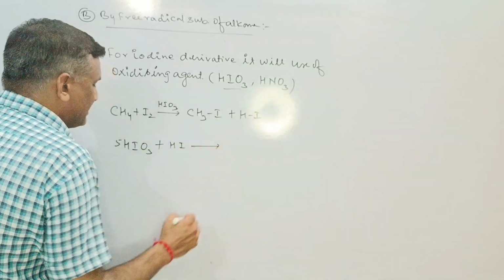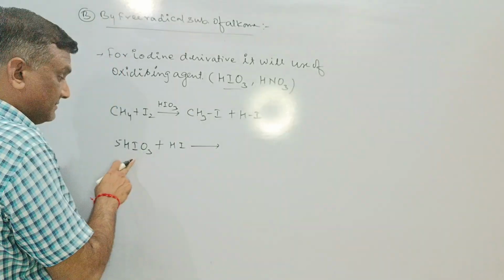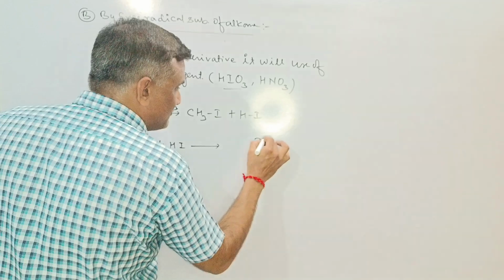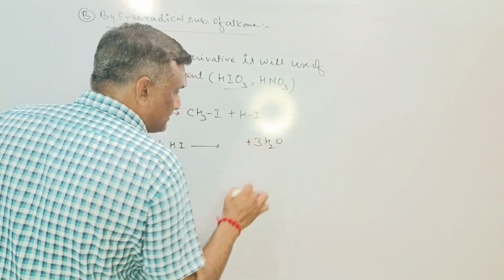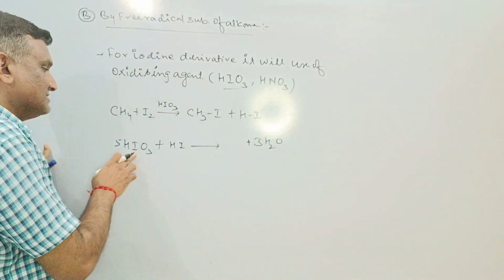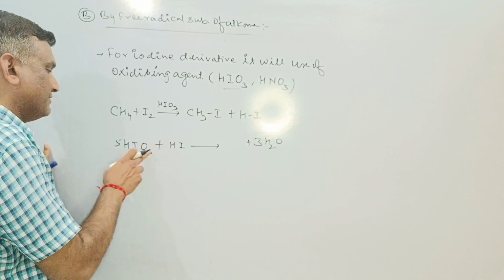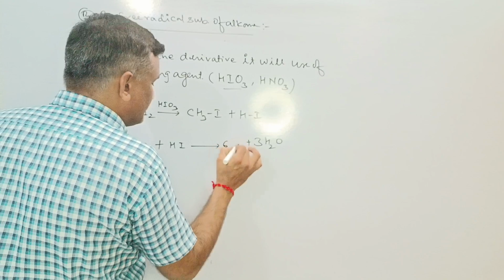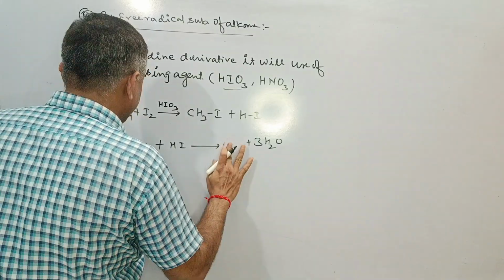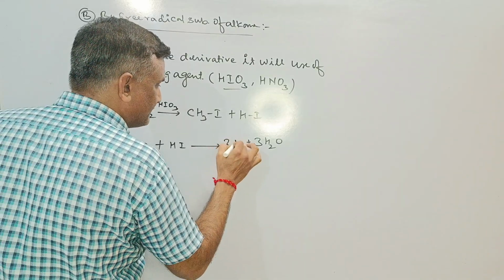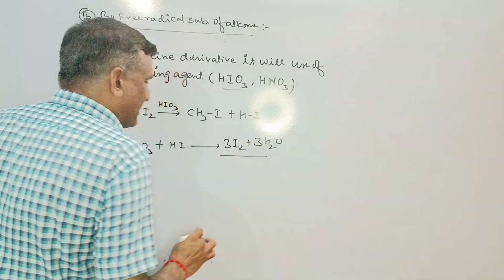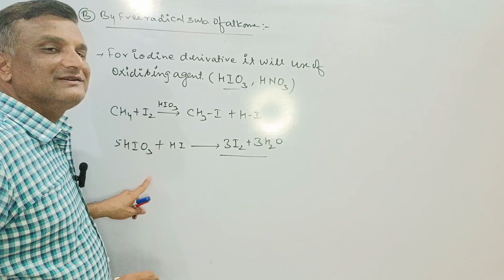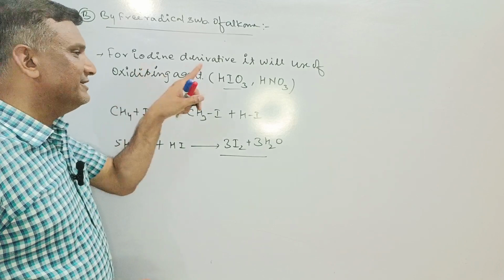Then here there will be formation of 3 H2O, and the rest will be 3I2. So by using this reaction, by using HIO3, we can get the iodine derivatives.